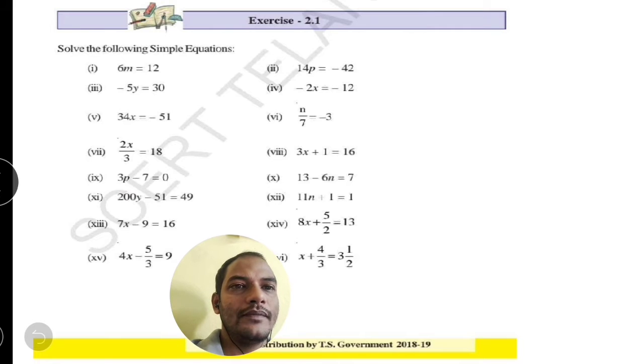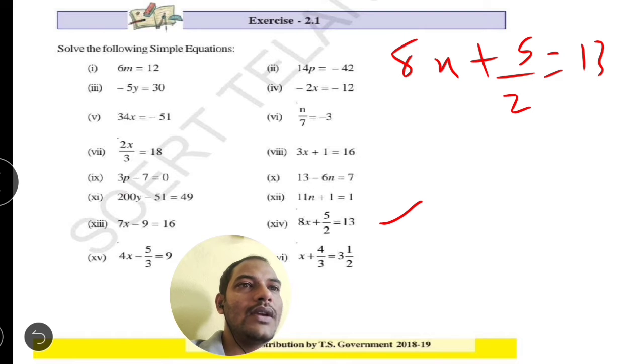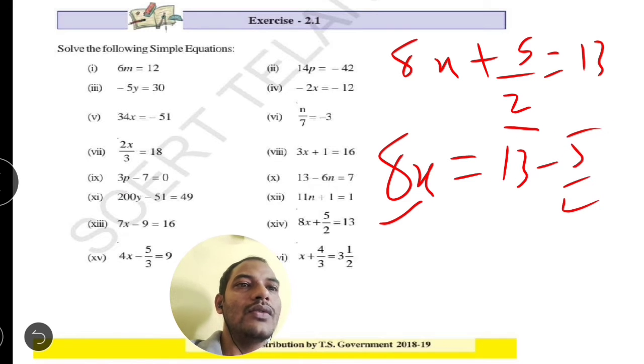So here, 14th problem: 8x plus 5 by 2 equals 13. To get the x value, first we have to transpose 5 by 2 to the RHS side. So 8x equals 13 minus 5 by 2.